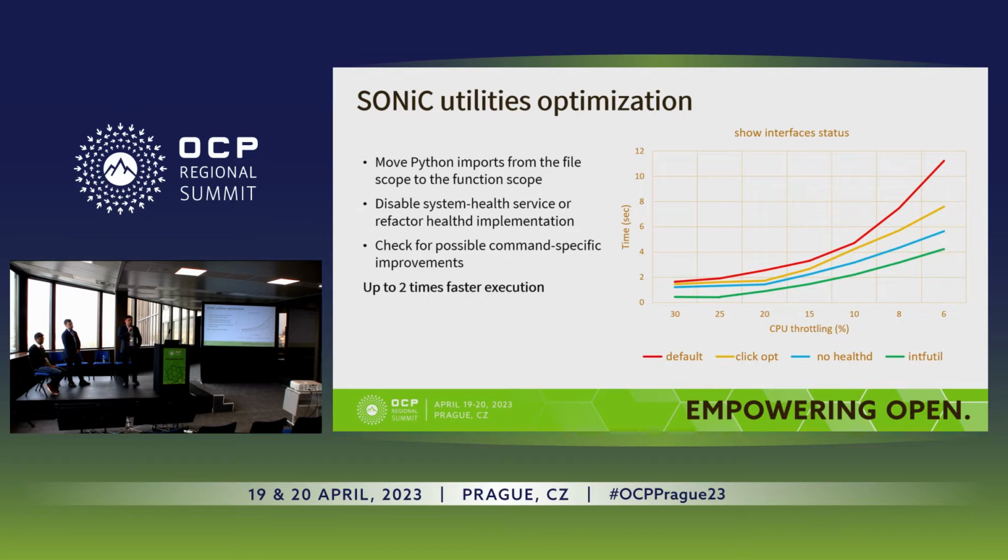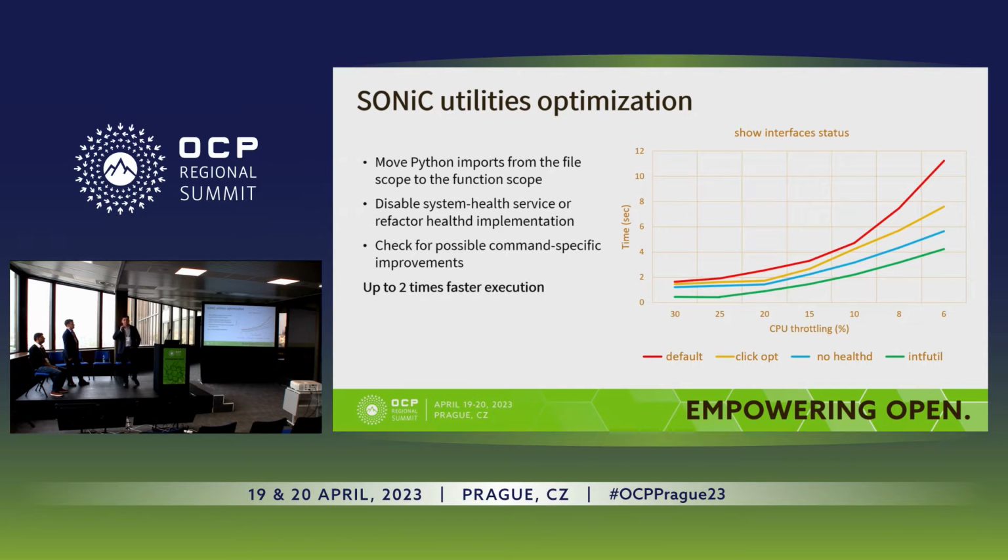Then in SONiC, we have the system health utilities that monitor different daemons and applications and so on. It's written in Python. We disabled it, and we got another 10 or 15% down. And we realized that, in fact, it impacts not just these utilities, but all other applications as well. We don't mean to remove system health d from SONiC, but it's an obvious place that we should optimize to reduce the impact.